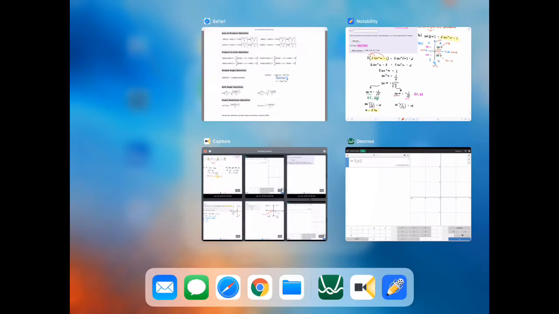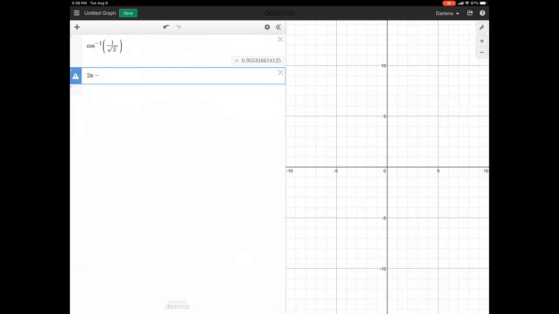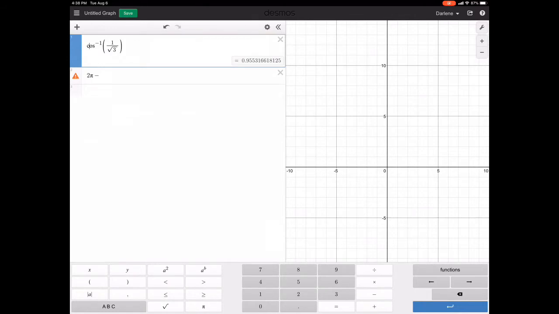So going back to the calculator, I'll put 2 pi minus 0.96, and I get 5.32.